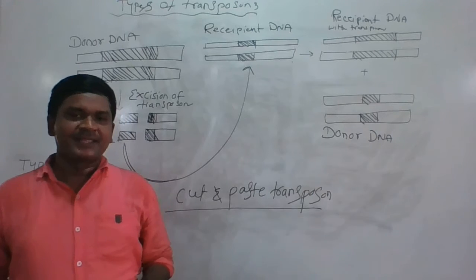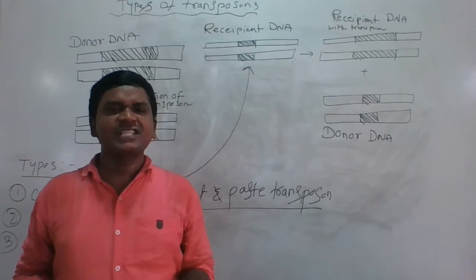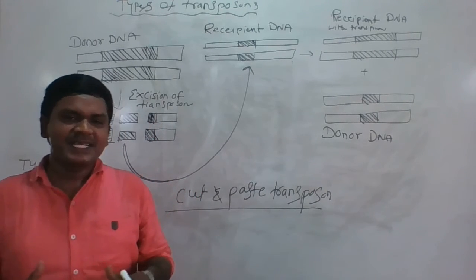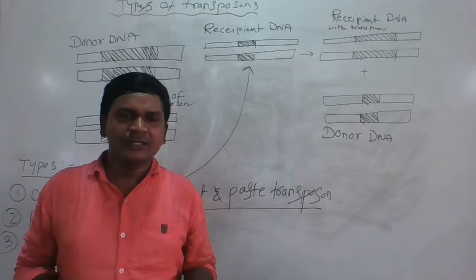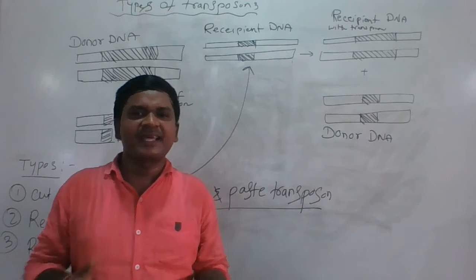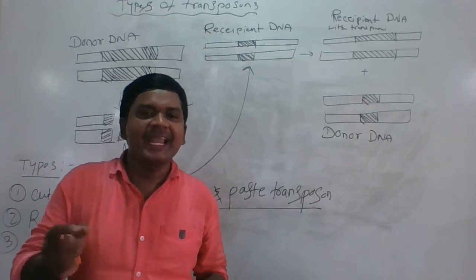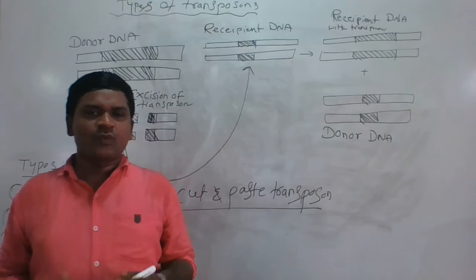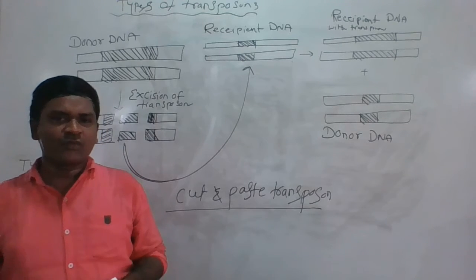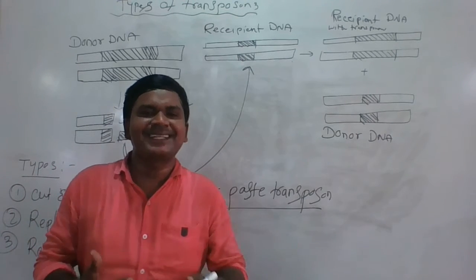The second type of transposable elements present in prokaryotic organisms are prokaryotic transposons. What is the structure of these elements? We can discuss now.